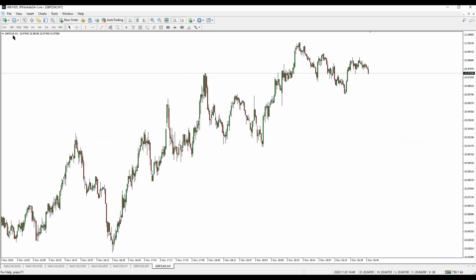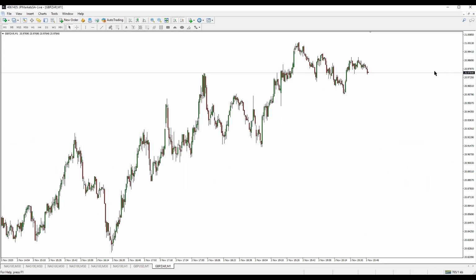That means the value of the pound to the rand. So you see where it says 20.97, that means 1 pound is worth 20 rand 97 cents. So these candlesticks just mark, at this date, at this time, the value of the rand was this much.